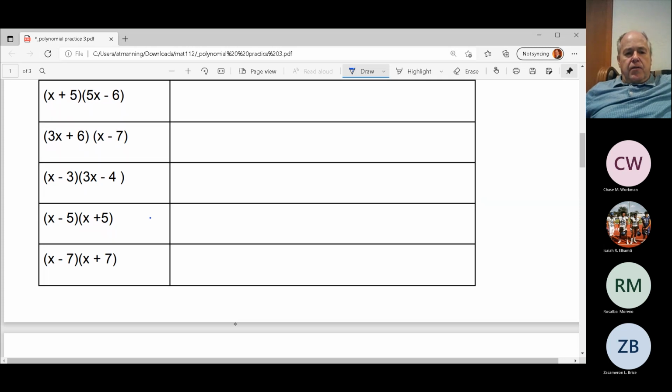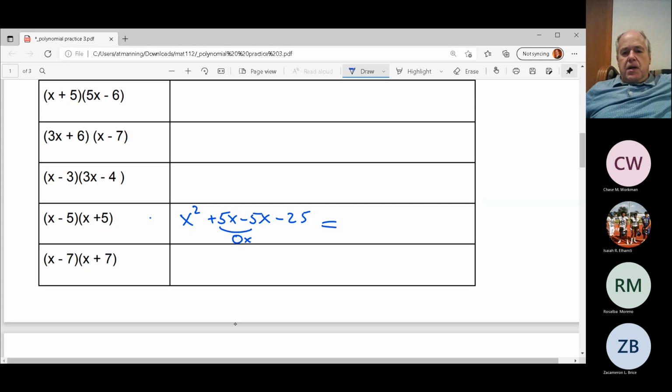Well, first, x squared plus the outside plus 5x. Inside, that's a minus 5x. And then becomes a minus 25. We see that these two cancel out to 0x.